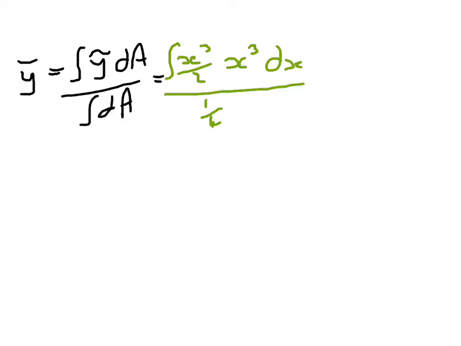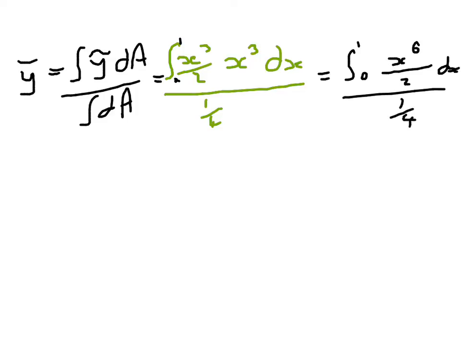If I then start multiplying that out, that's going to be the same as the integral between 1 and 0. In fact, I've missed that one there. The integral between 1 and 0 of x cubed times x cubed, x to the 6 over 2 dx, over a quarter.